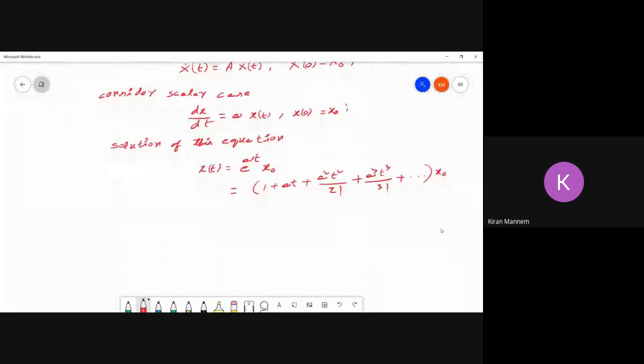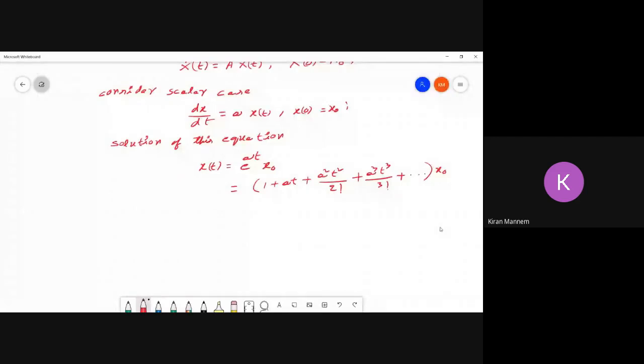So by analogy with the scalar case, the vector state equation has the following solution.